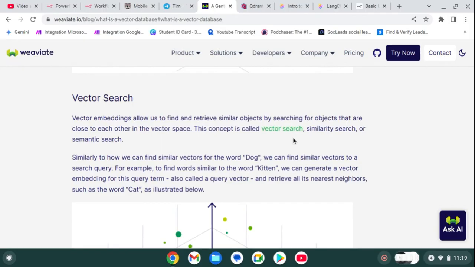For example, to find a word similar to kitten, we can generate a vector embedding for this query term, also called the query vector, and return all the nearest neighbors, such as the word cat, as illustrated below. So we need to find kitten, which is also a name for a cat, meaning a kitten is a baby cat.